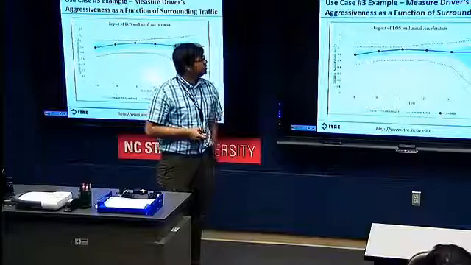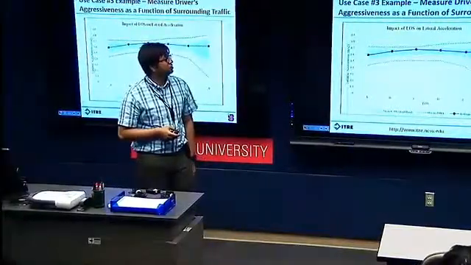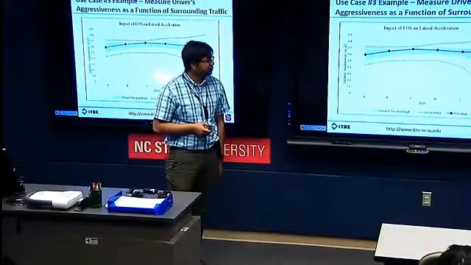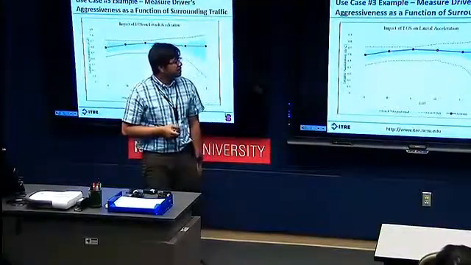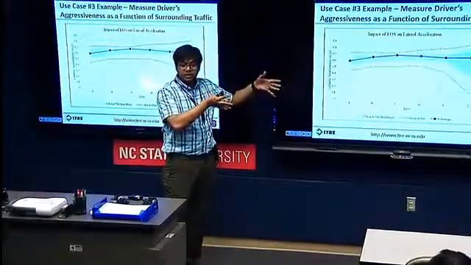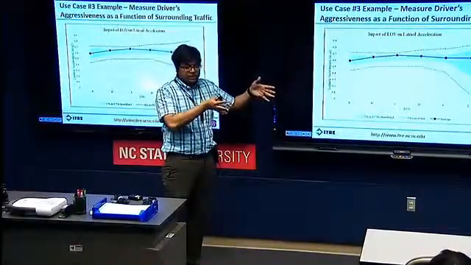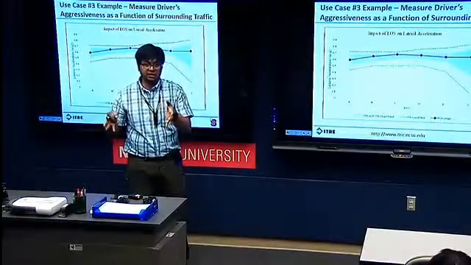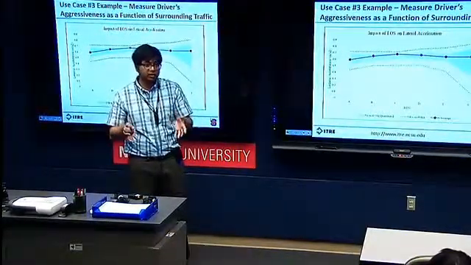The other one is how you measure drivers' aggressiveness as a function of surrounding traffic. In this case, the microscale information is used along with the probe vehicle data that we get, for example, INRIX or RETIX data sources.